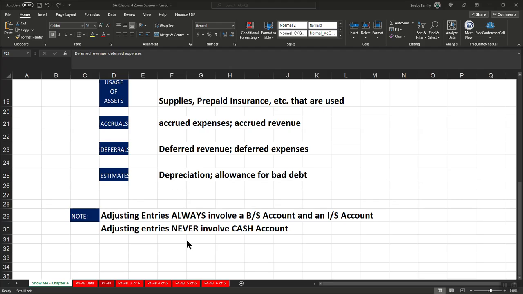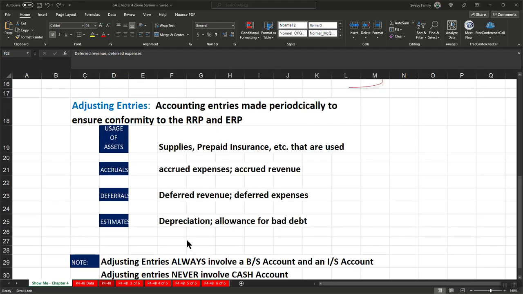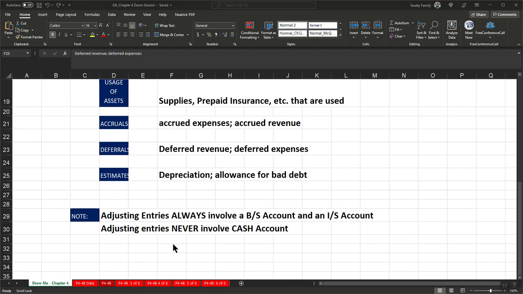One last thing before I go into the show me problem, and that is whenever you record an adjusting entry, check to see that one of the accounts you use is a balance sheet account, asset or liability, and that the other is an income statement account, revenue or expense.